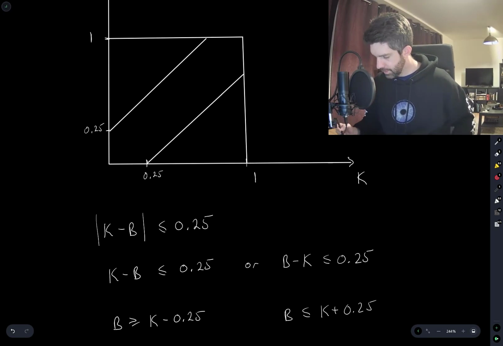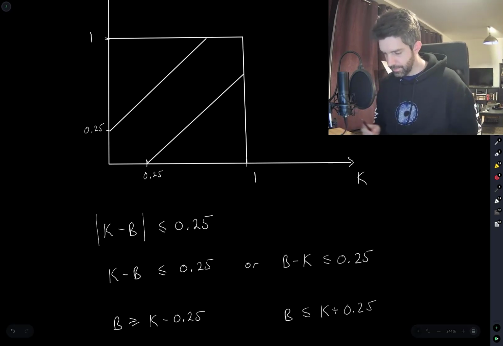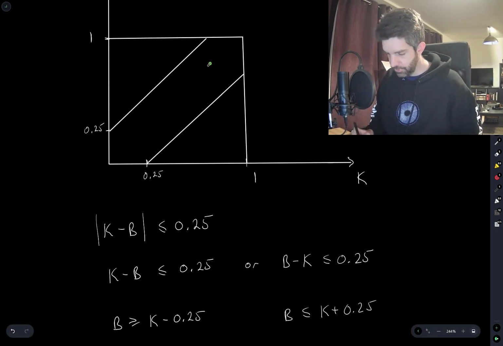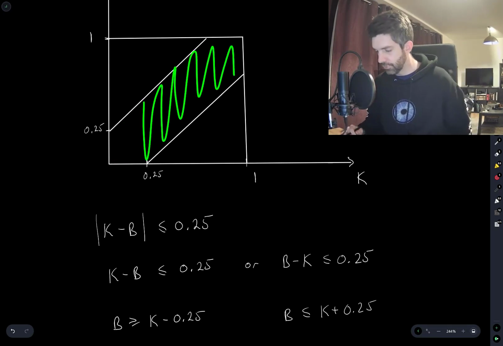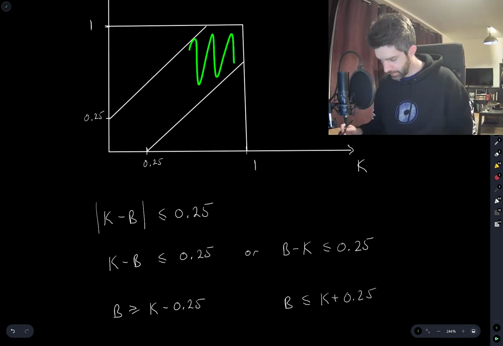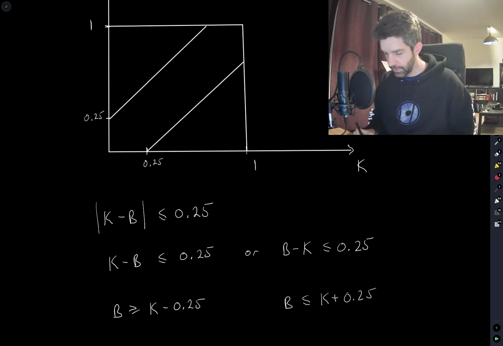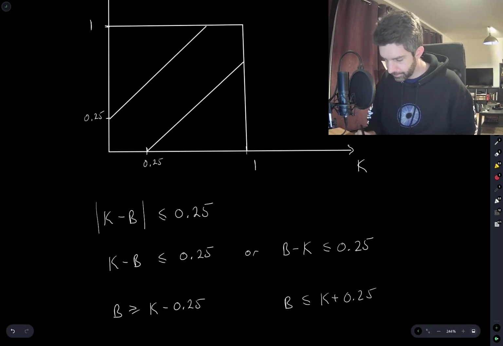Okay, so I take a random dot in the square. If it's within this region, then they will successfully meet on the platform. Otherwise, they will not. So let's look at as an example, any point that's on the 45-degree line here means they arrive at the exact same time. And of course, they do meet.